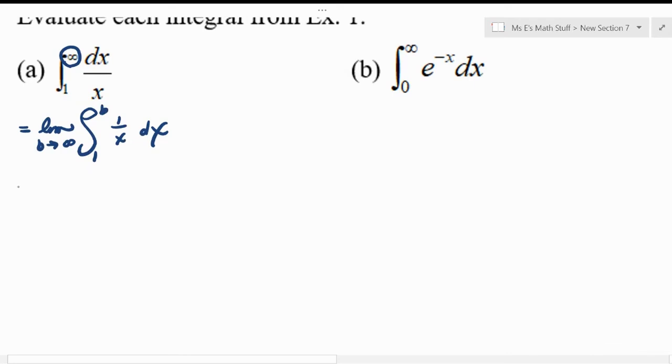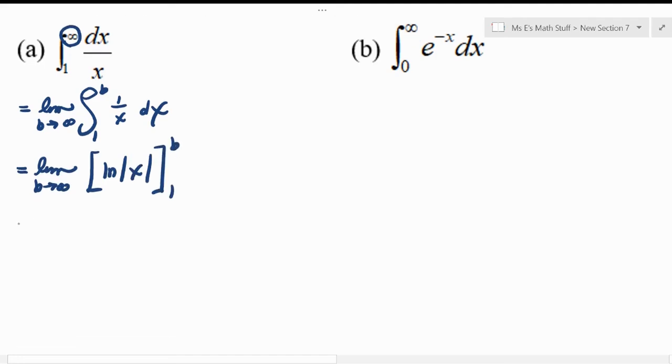Then the next thing you do is follow your nose and work from the inside out. The next thing we're going to do is the antiderivative of 1 over x. You carry the limit as b approaches infinity down, and then take the antiderivative. You get the natural log of the absolute value of x, going from 1 to b. Keep following your calculus nose, and leave the limit off until the very last.